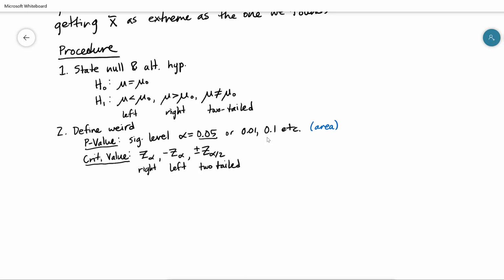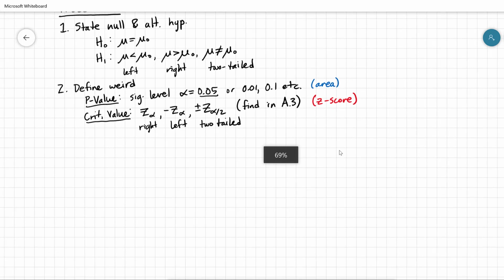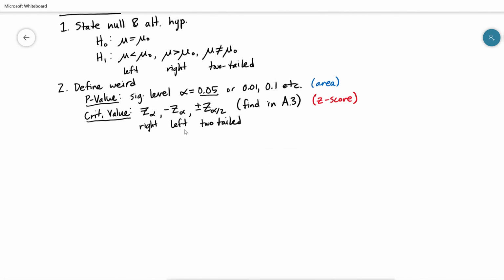So it's going to be that value that we find in table A3, and it's a z-score. So we can define what we're going to consider weird either in terms of an area or in terms of a z-score. And again, it will also depend on what the form of our alternate hypothesis was. And so we'll do some examples of all of these down the line.